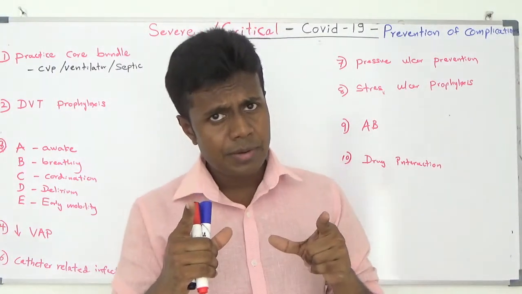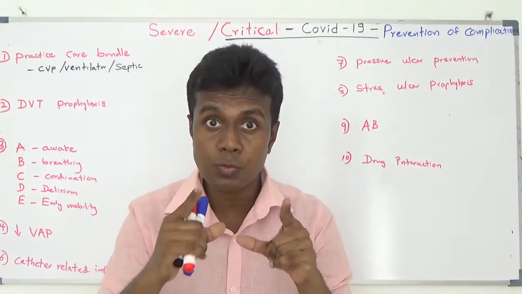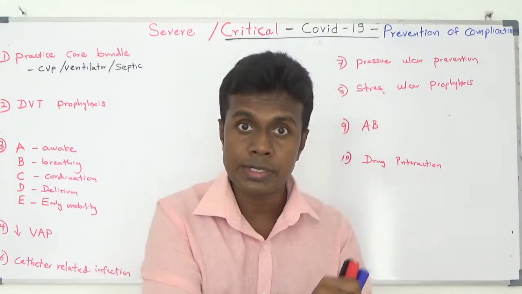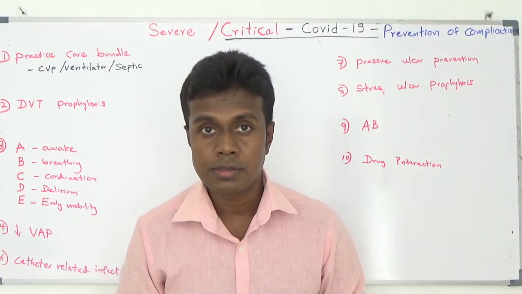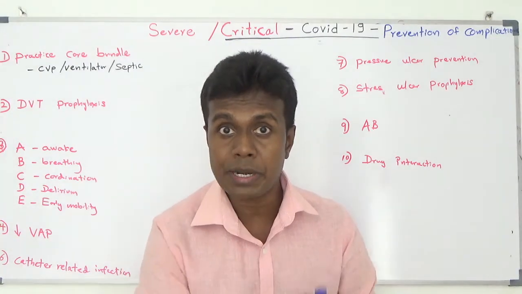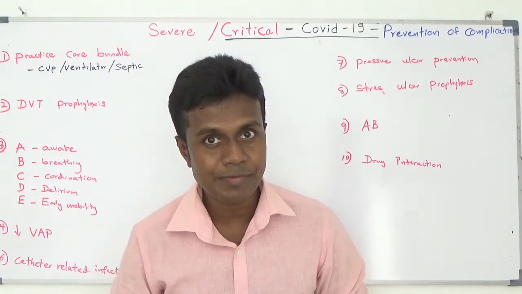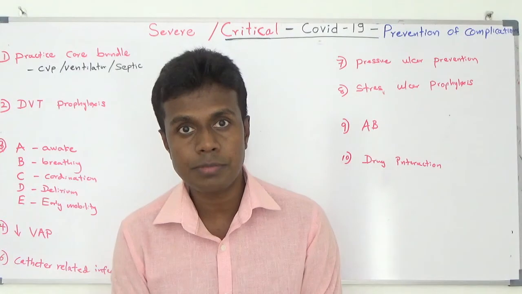What is a care bundle? A care bundle is a group of evidence-based interventions, usually 3 to 5, which when implemented together give a better outcome than implementing them individually. You can implement them separately, but in that case the outcome is not that good. When you implement all the things together, it gives a better outcome.